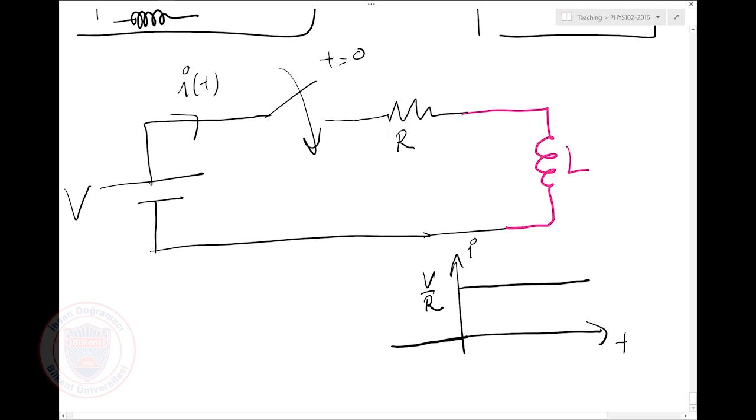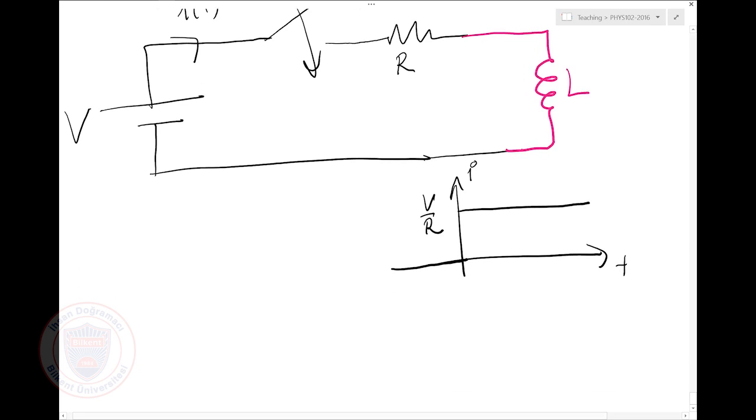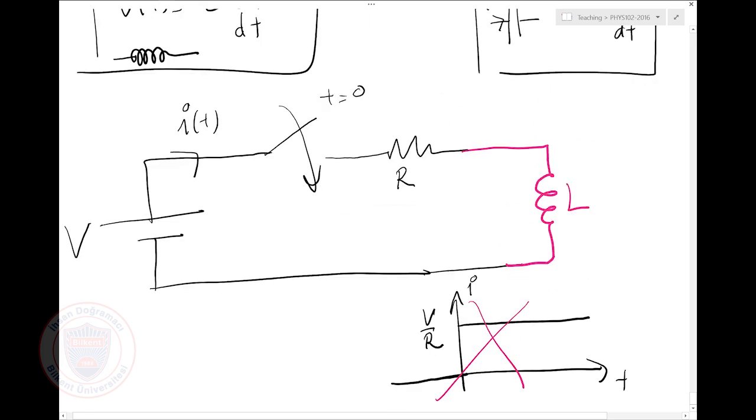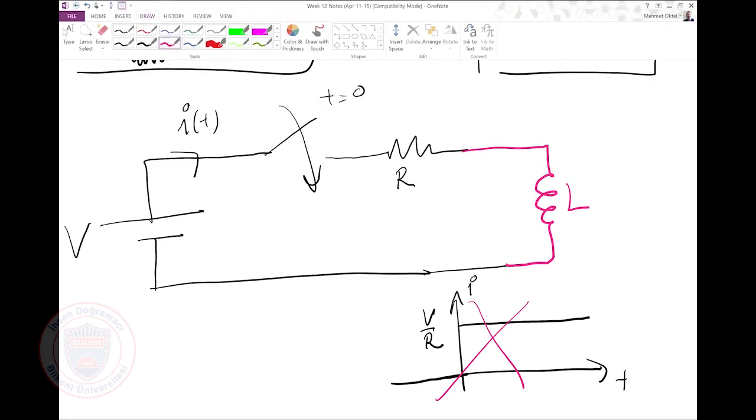What do I expect? I expect the system will not be able to change its current momentarily. I expect that there will be some smooth behavior after I close the switch. So let's find out. Let's actually try to calculate the current. So this is no more going to be the case. Let's try to calculate the current in the circuit.